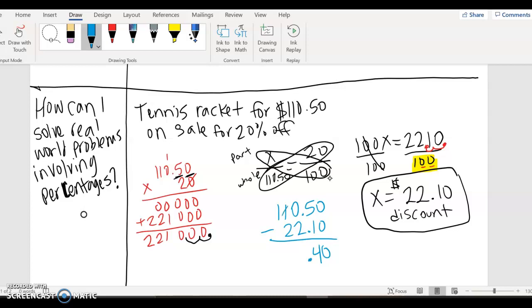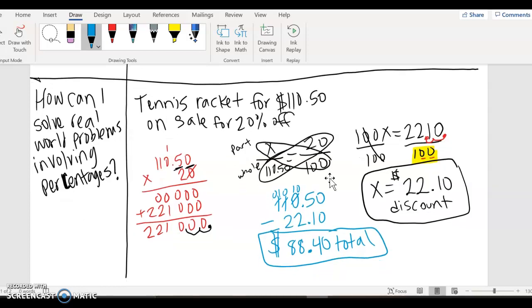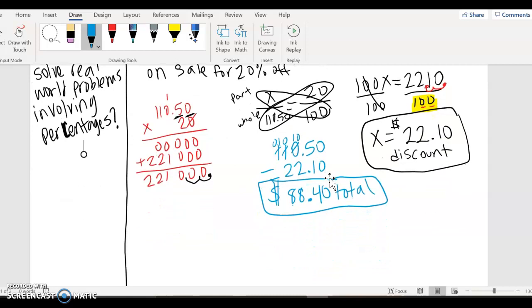We cannot take 2 from 0, so we borrow. 10 minus 2 is 8. Again, we cannot take 2 from 0, so we borrow. 10 minus 2 is 8. So after our 20% discount, we are going to spend $88.40.